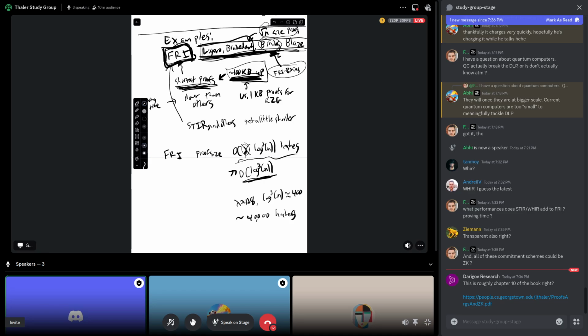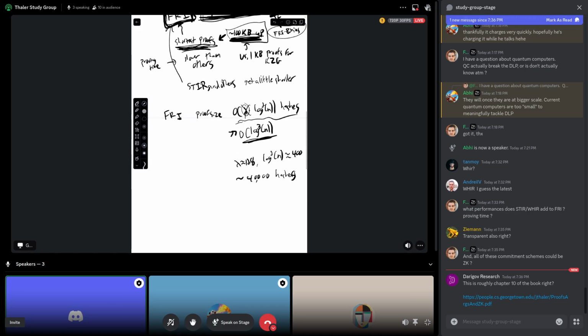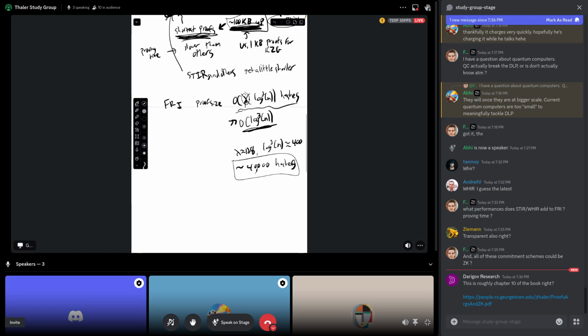That's where 100 kilobytes comes from. 40,000 hashes is a lot of hashes. It leads to 100 kilobyte proofs, and can even lead to 500 kilobyte proofs if you want 128 bits of security without any conjectures, stuff like that. So STIR asymptotically is really a major improvement. The log squared n goes down to, I think, log n times log log n, so it almost just gets rid of one of the log factors.